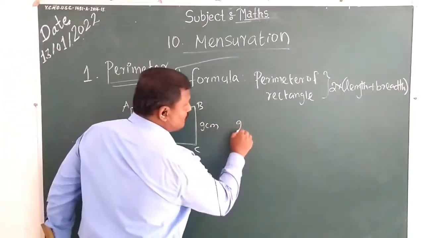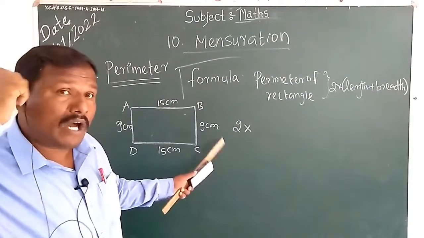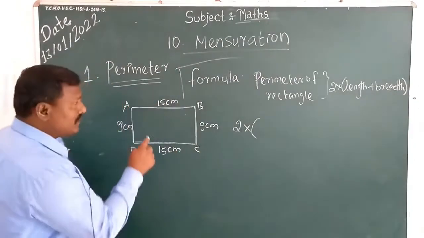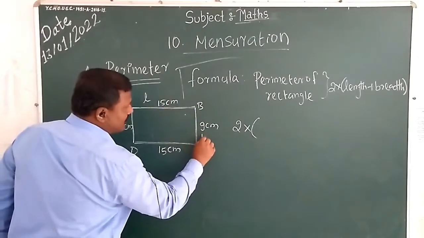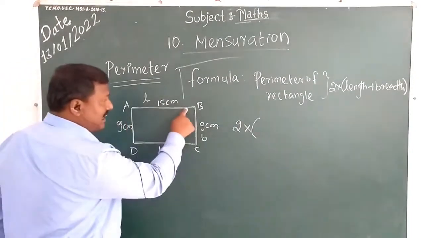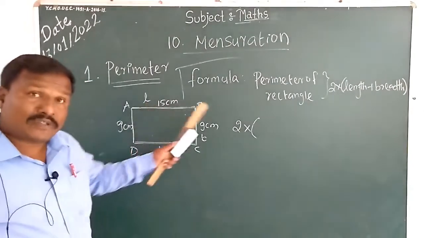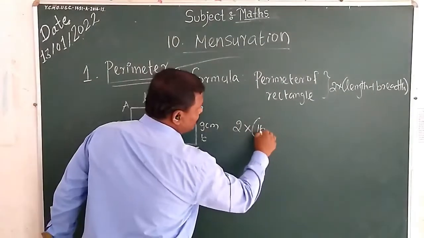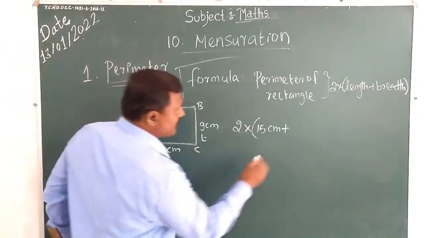The 2 is not my own; it's in the formula, so you have to write 2. 2 into (L plus B). You have to identify which is length and which is breadth. This is length, this is breadth. As per the given measurements, substitute in their exact places: length L is 15 centimeter, plus breadth, which is 9 centimeter.